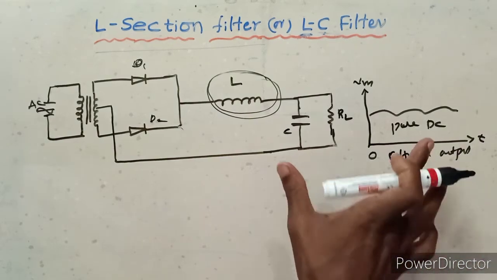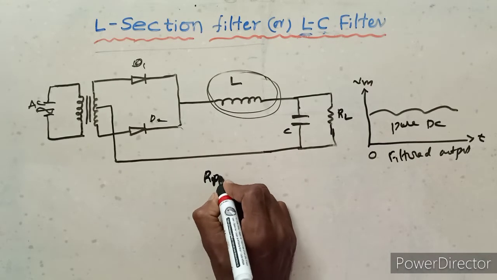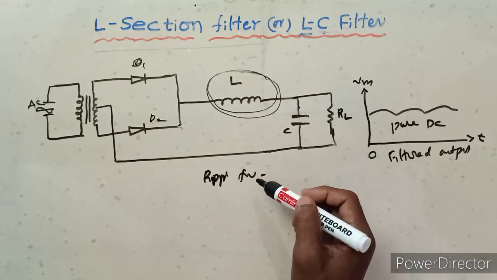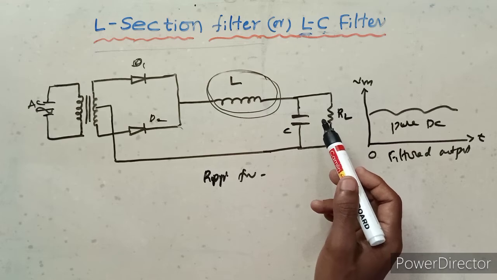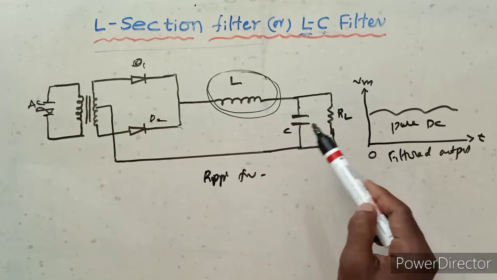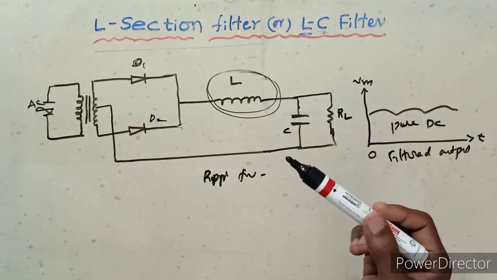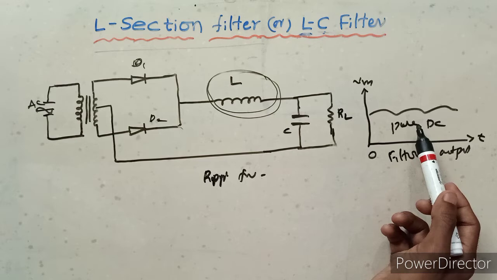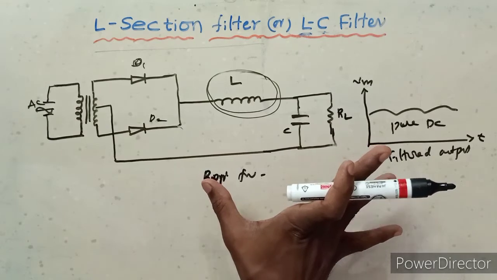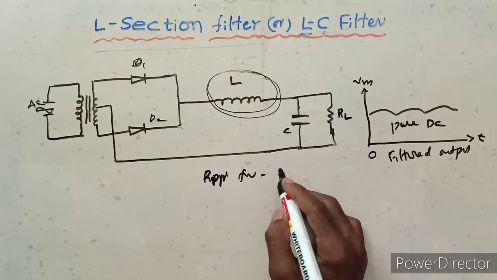In this L section filter, the ripple factor is independent of load resistance. The previous two filters are dependent on loads. This is independent of load resistance. So this filter is very much used for commercial purpose to get almost pure DC, because this is independent of load resistance.